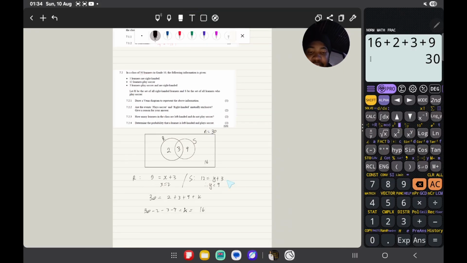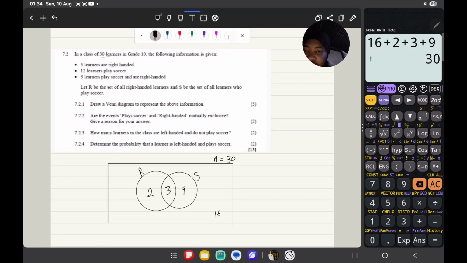Now we can answer these questions. The first one, they say: are the events play soccer and right-handed mutually exclusive? The answer is no, right? Let me say this is number 2.